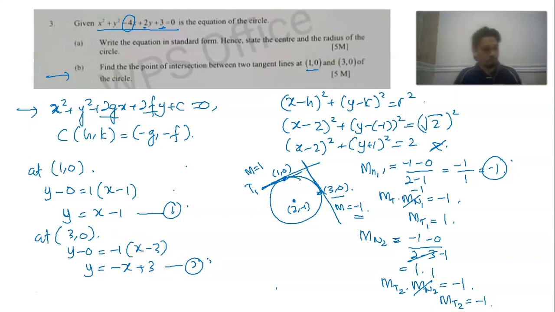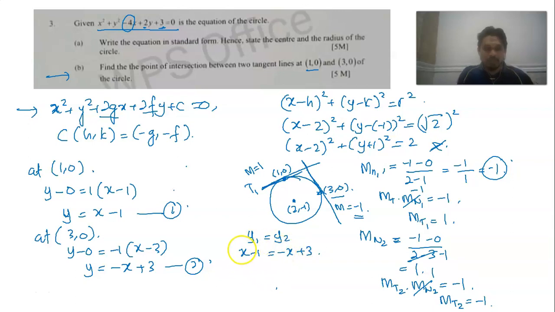Equation 2. Okay, so now to find the intersection point, again, we have two equations with two variables, or what we call linear functions, y equal to x minus 1 and y equal to negative x plus 3. You can use what we call substitution method or elimination method, since this is y and also y. Make y1 equal to y2. So x minus 1 equal to negative x plus 3.